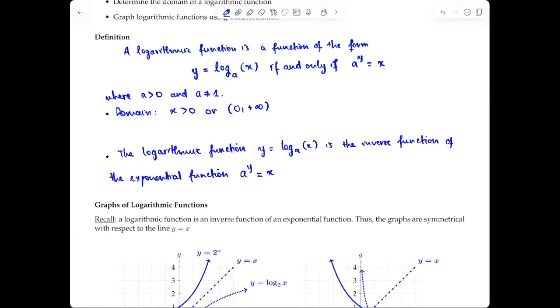But you remember that in the procedure for obtaining inverse functions, you have one step that interchanges x and y: x becomes y, y becomes x. So instead of writing this, we can rewrite it as y equal to a to the x.